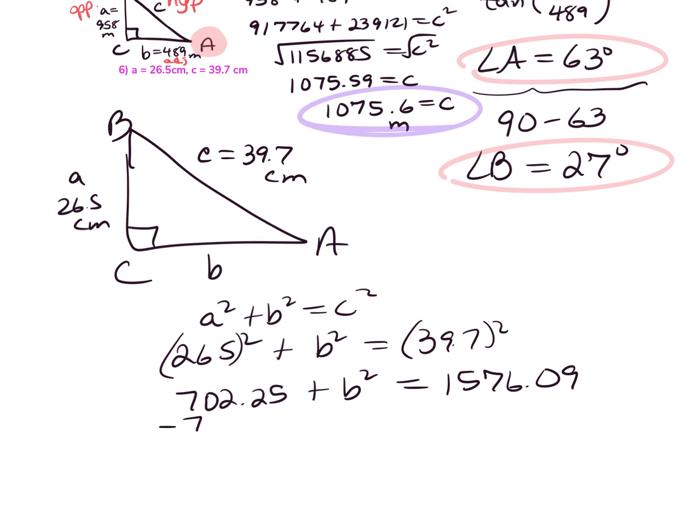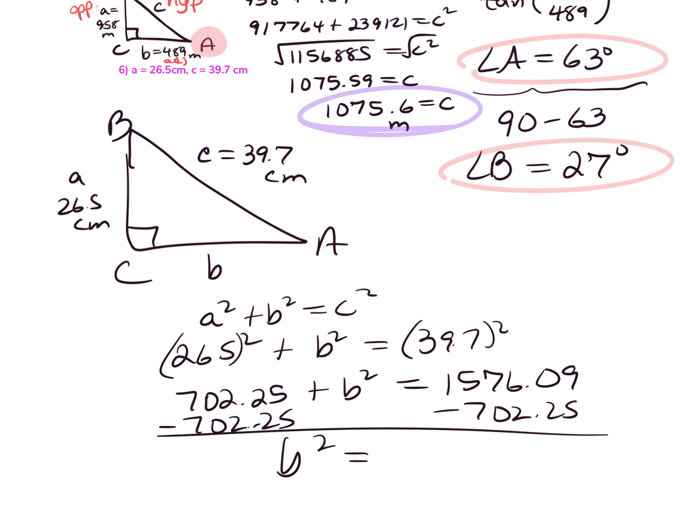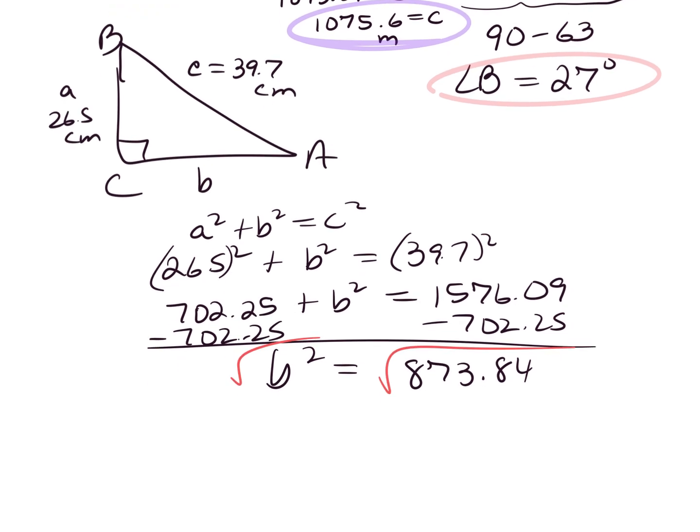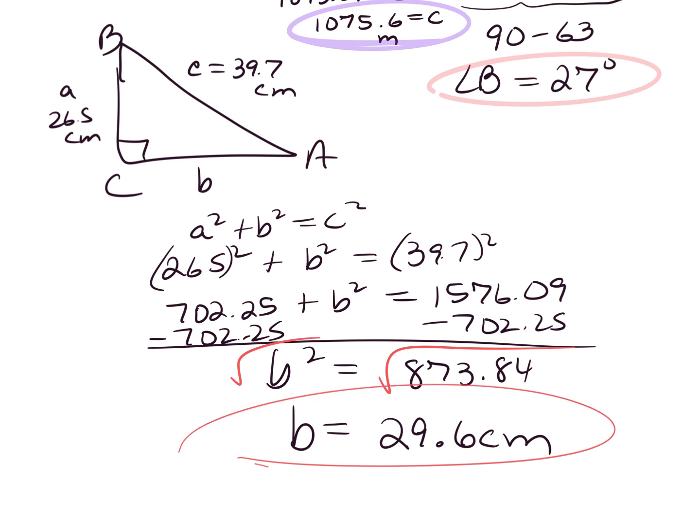I have to subtract to solve this time, not add. And then I get b squared is equal to 873.84. Square root both sides, because I don't want b squared, I want b. Round that to the tenth place, 29.6 centimeters. So that's the missing side that I didn't have.